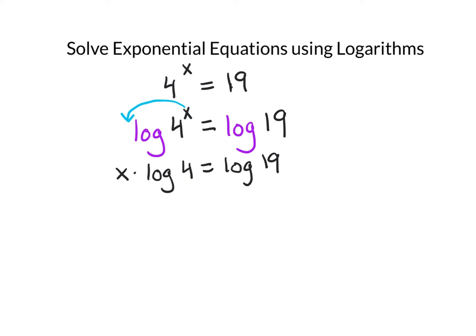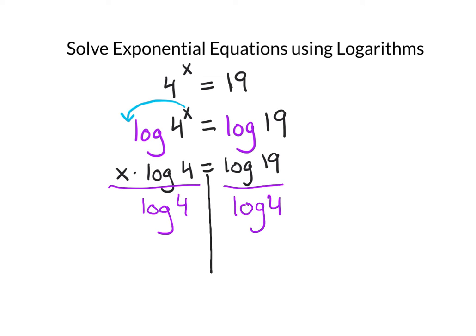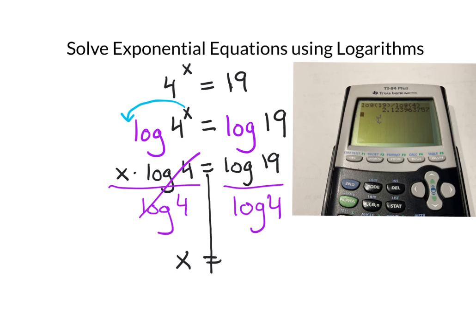Now, this common logarithm is the one on our calculators. If I want to get x by itself, I can just divide both sides by log 4. So x equals, just type this in your calculator, log 19 divided by log 4.